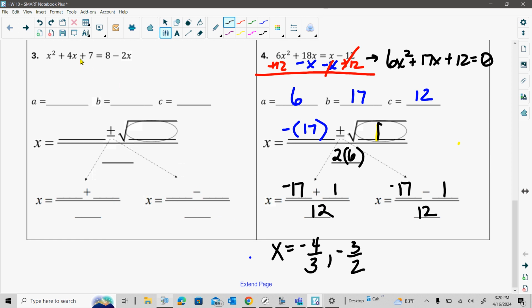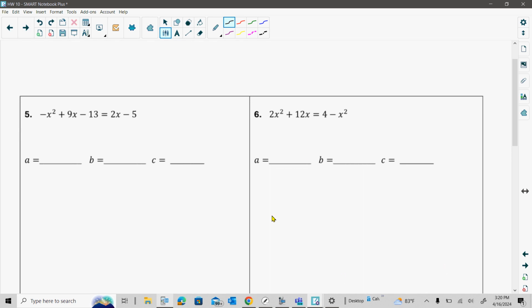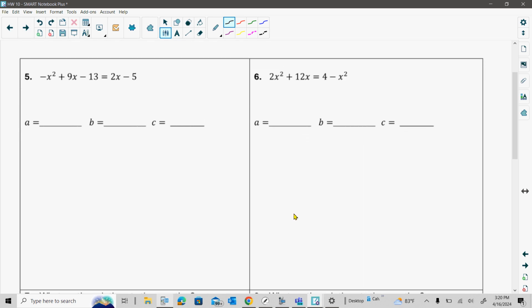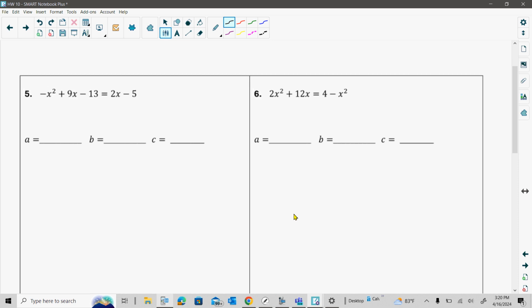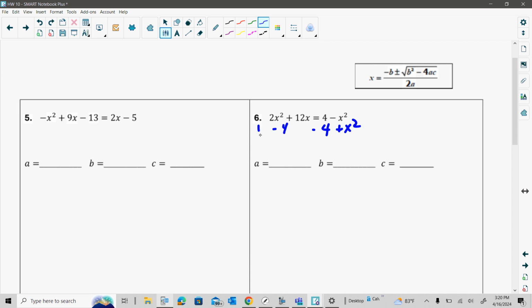So on the back, we're now just eliminating the skeleton. You're just going to show all your work from start to finish. So you're using the quadratic formula. If you need to just recap, here it is. And we're still solving for the equation equal to 0. So minus 4 here and plus x squared here.